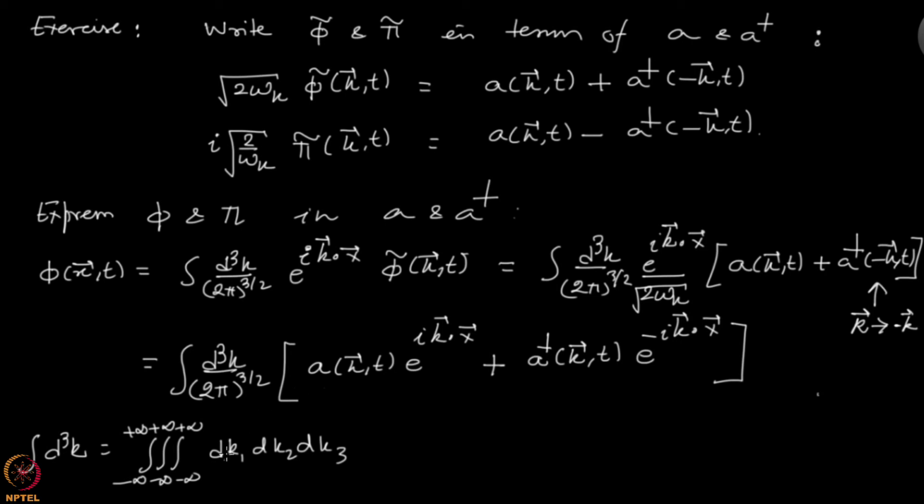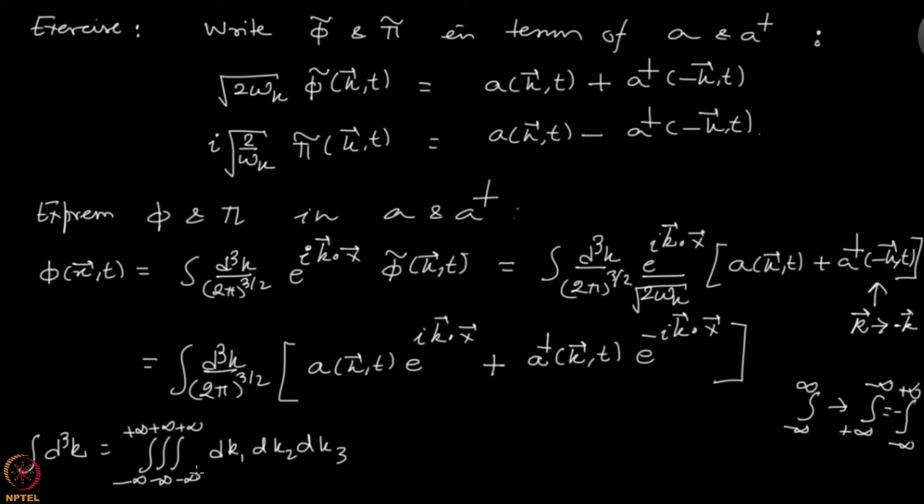That is fine, but then the integration limits also change. Under k going to minus k, the lower limit minus infinity becomes infinity, and the upper limit infinity becomes minus infinity. So you can write that as minus of the integral from minus infinity to plus infinity. So you get one minus sign from here.